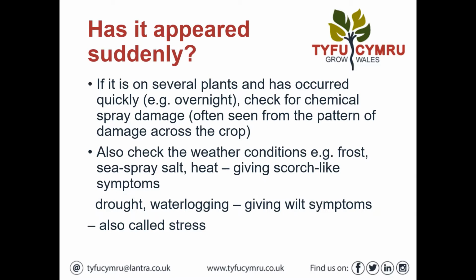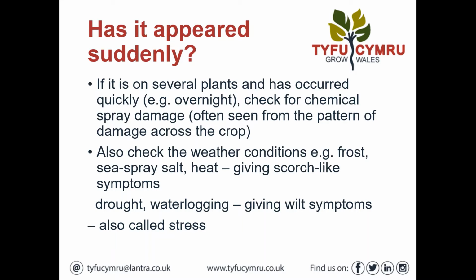Again, if it's appeared suddenly, but it's actually on several plants, has it occurred quickly, for example overnight? And things to check for here might be damage from chemical sprays, and often you can see the pattern of spread of the spray causing damage across the crop. Also see if it's been caused by the weather conditions.